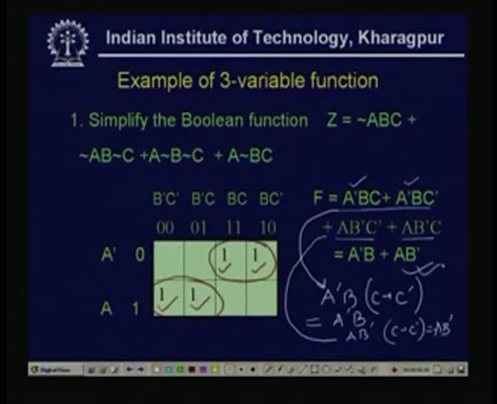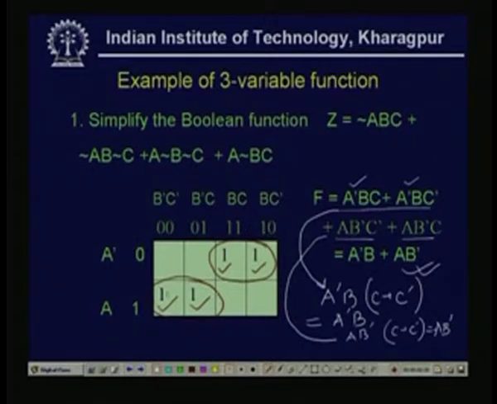Now, from the Karnaugh map I can directly tell that these 4 terms will be reduced to these 2 terms, because the first couple reduces to a complement and b is fixed. So, a bar b.